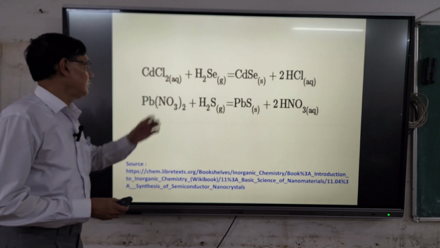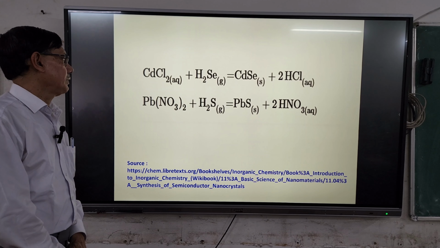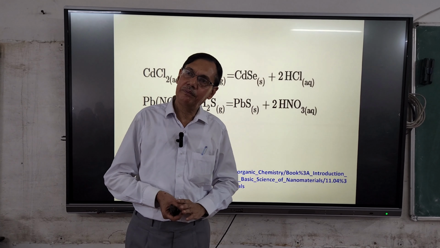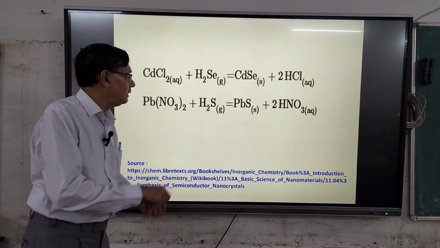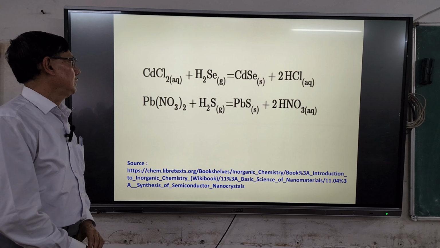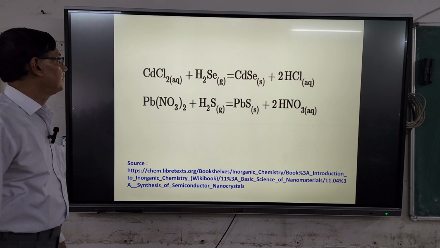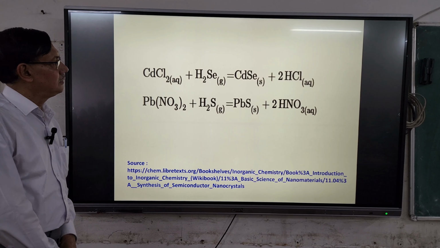Now, this is one of the, you can call it, one-step syntheses. Everywhere we need a precursor, because it is like cadmium sulfide or cadmium selenide. So therefore we need two sources of precursors. One is cadmium chloride and H2S.